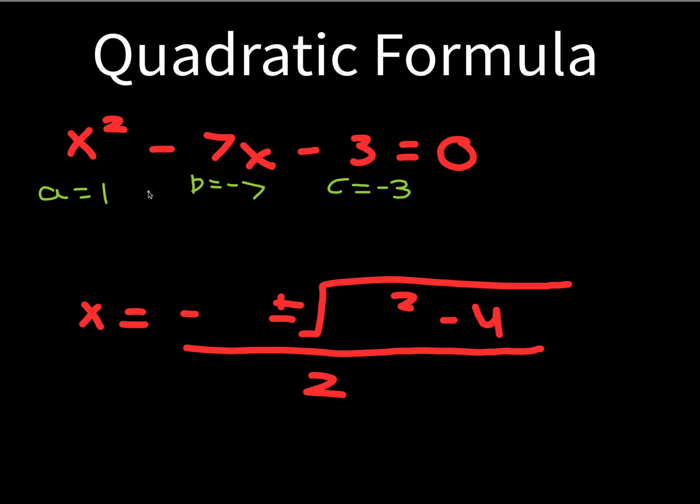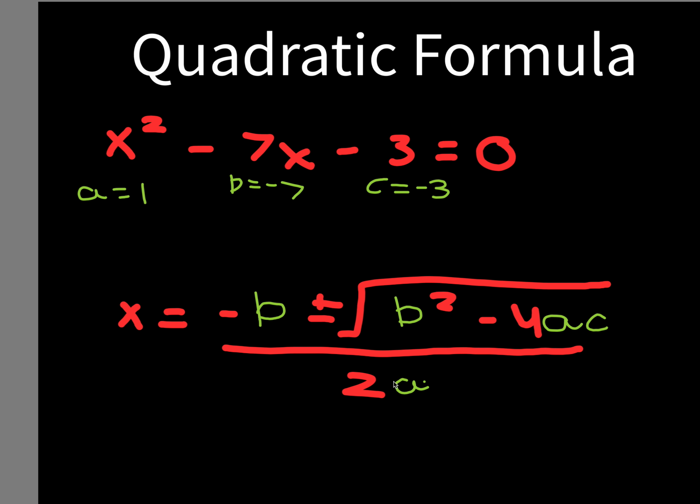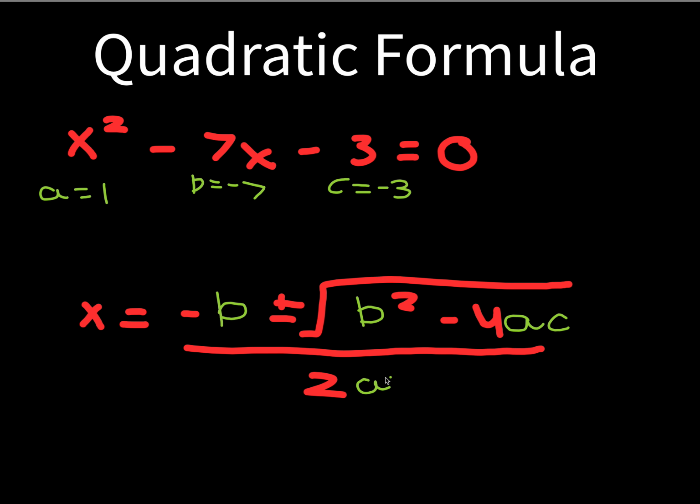That's why we factored before, and while we use the quadratic equation now, x is going to equal -b plus or minus the square root of b squared minus 4ac over 2a.